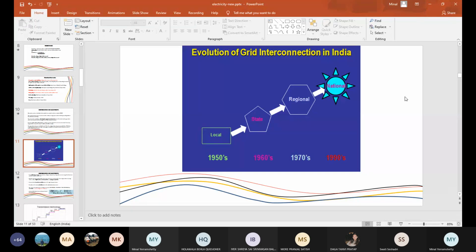Anyway, so guys, this was what I was talking about. In the 1950s, it was local. Then in the 1960s, it became state. In the 70s, regional happened, and in the 1990s, it went grid. Some years back, I think it was in the 90s only, since the grid was new, I don't remember which year of architecture I was in, but the whole of the Delhi region, from Delhi till Haryana to Uttar Pradesh, that whole area is in one grid, I guess.